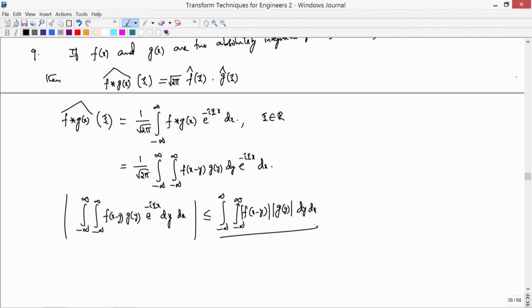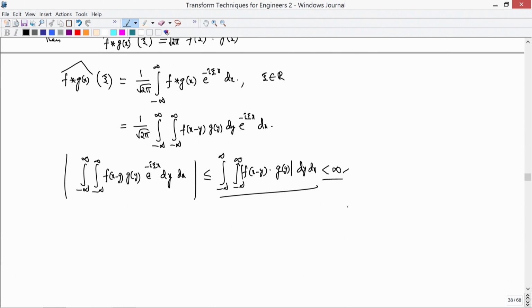Because f and g are absolutely integrable, f of x minus y is also absolutely integrable, and g of y is also, and this product is also an absolutely integrable function. That means this is finite.